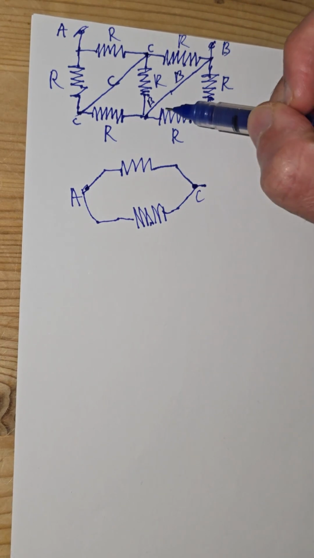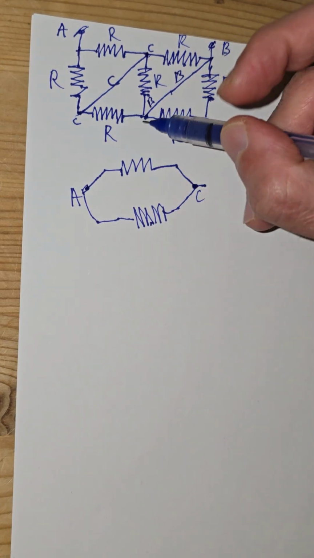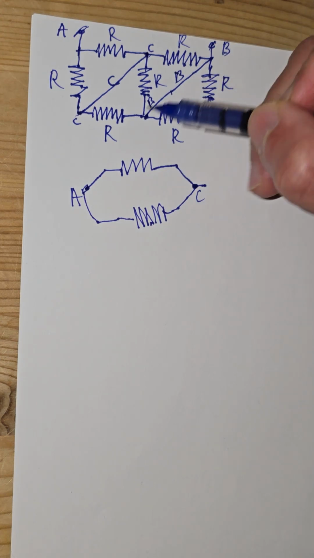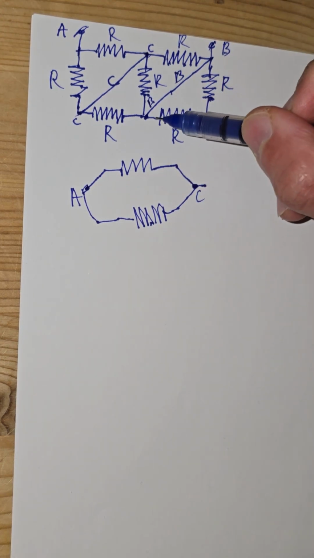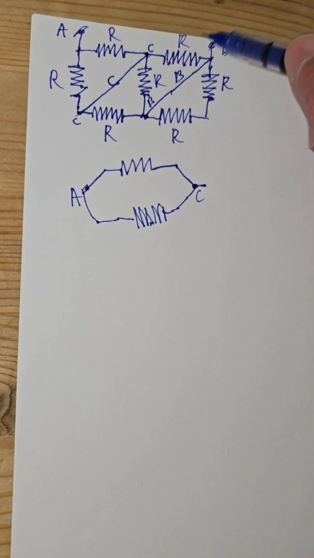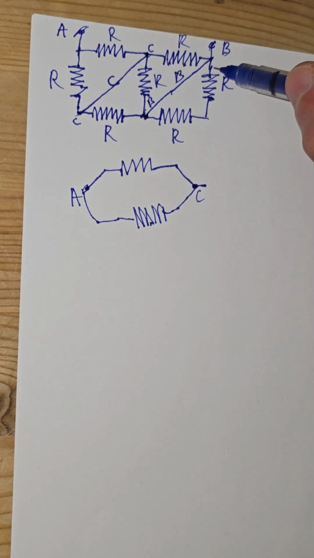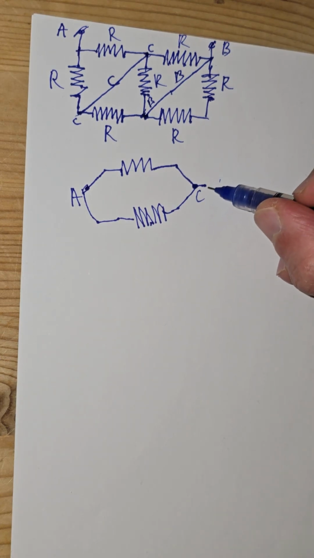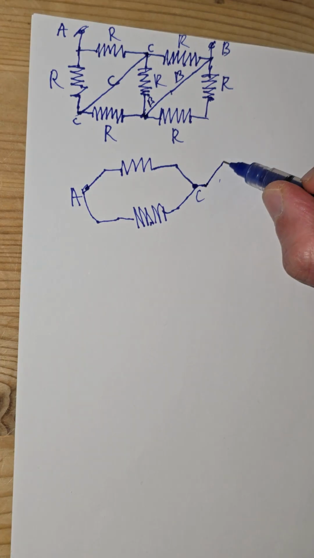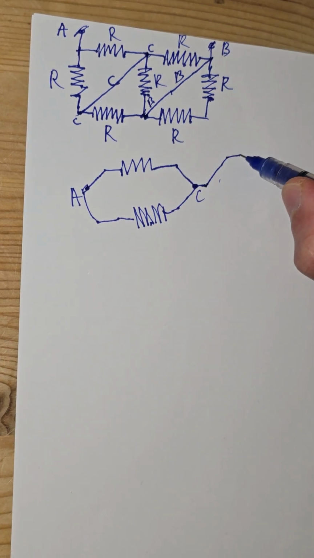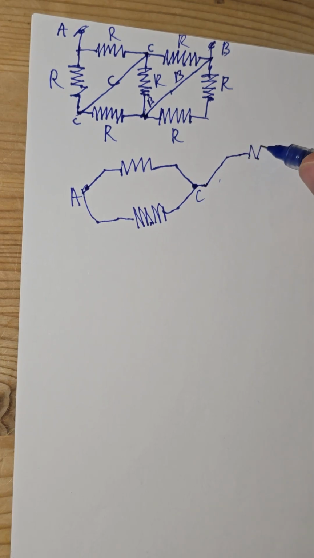And here what we see is that one end of these three resistors is connected to C, and the other end to B, this one B, and this one is also B. So they are connected with one point to B and with one point to C. You see, but there are not two but three.